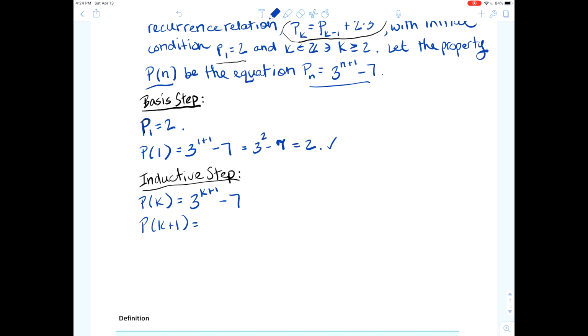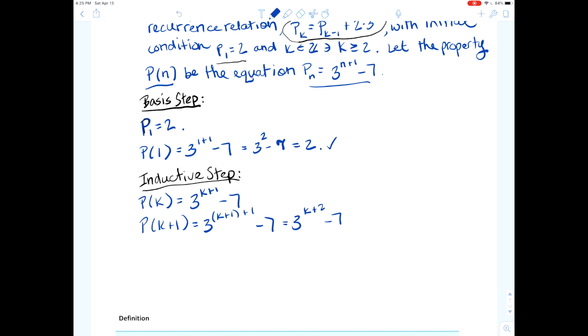That's going to be 3 raised to the k plus 1 minus 7. Good so far? Which is equal to 3 to the k plus 2 minus 7.